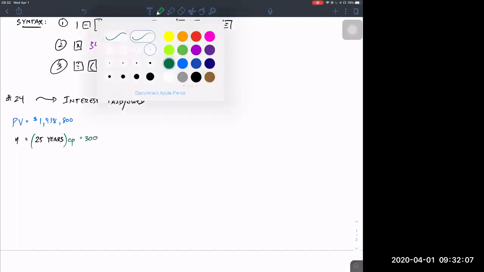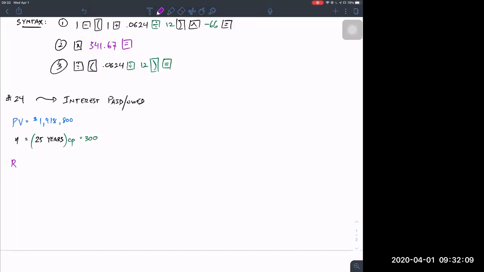And then last but not least, you end up solving for the recurring payment, and that answer should have been, where's this answer? Additional practice, chapter 3, chapter 2. Here we go.